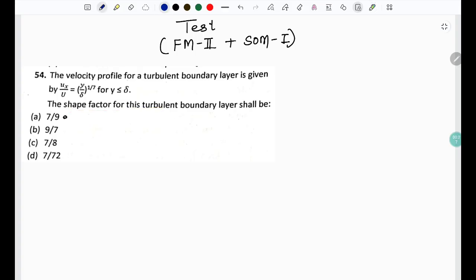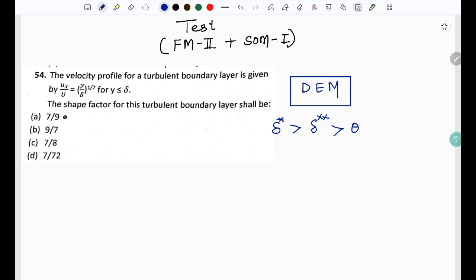Now the blunder that I did in the exam was that, as we know, displacement thickness delta star is greater than energy thickness, that is delta double star, which in turn is greater than momentum thickness.